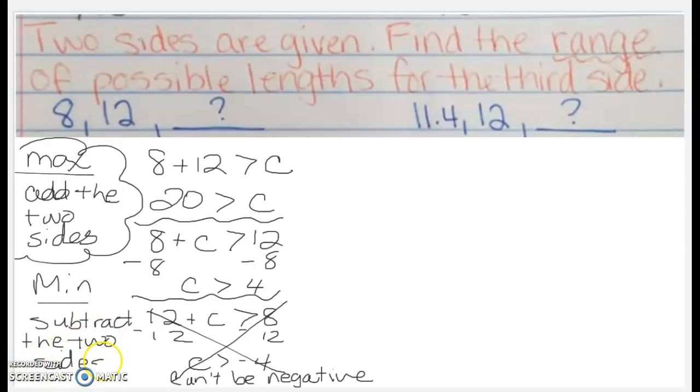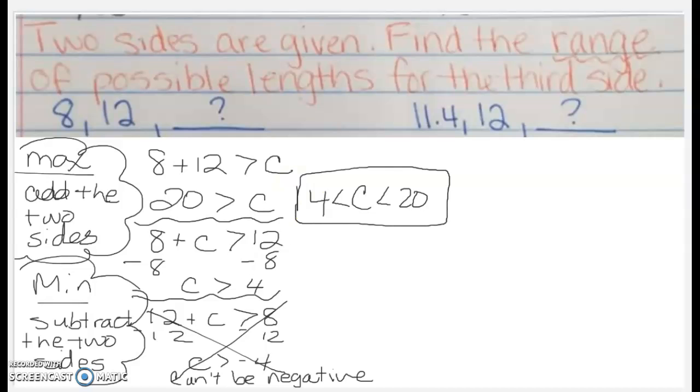Now I do have to represent this as a range. So my C has to be less than 20 and my C has to be greater than 4. Rewrite it as a compound inequality. So C would be in the middle, and it has to be less than 20 and greater than 4. So this is my range.